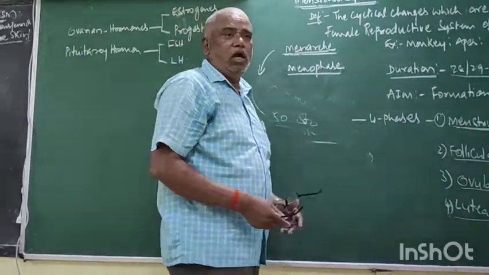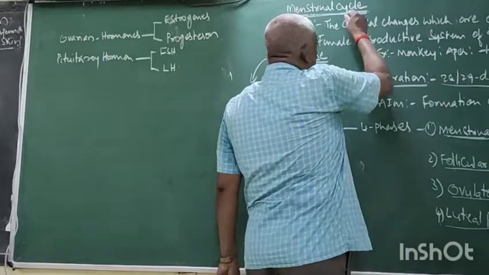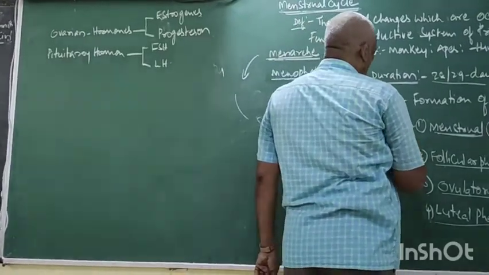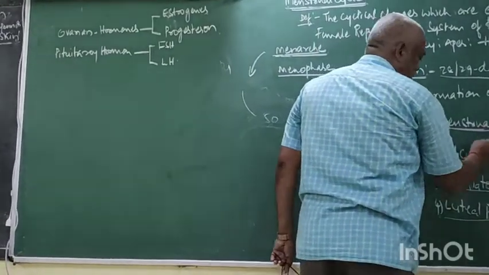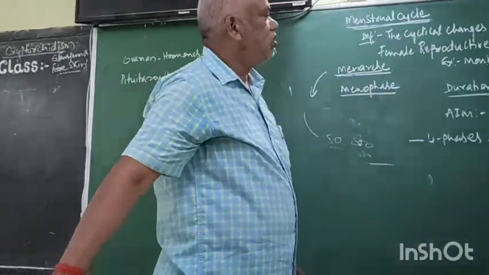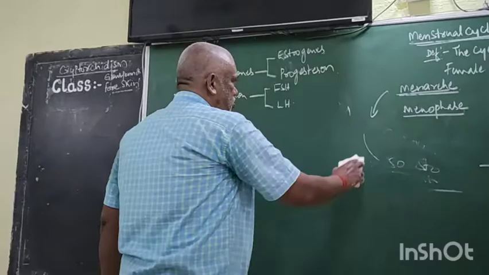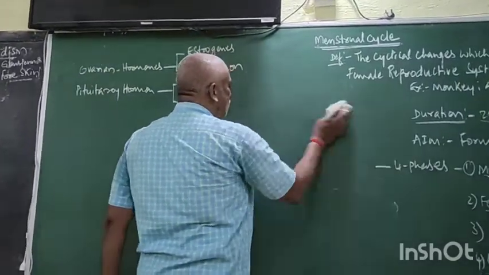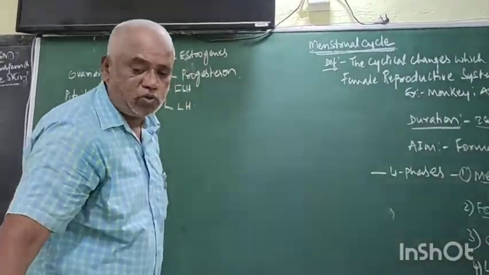Now this menstrual cycle has 4 phases: menstrual phase, follicular phase, ovulatory phase, luteal phase. Now, what is the menstrual phase? Come to this female reproductive system diagram.